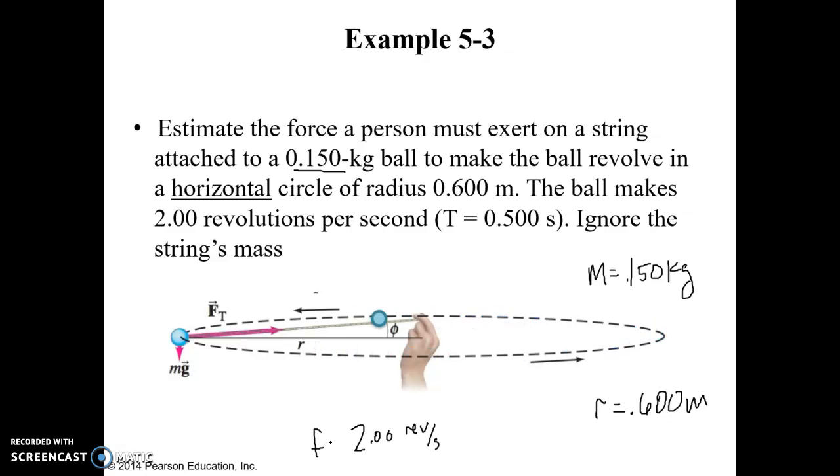So that's its frequency, 2 revolutions per second, so its period is 1/2, or 0.500 seconds. We're going to ignore the mass of the string and just consider the ball that's traveling in this horizontal path. We want to know the force that the person must exert on the string to keep the ball following this path.